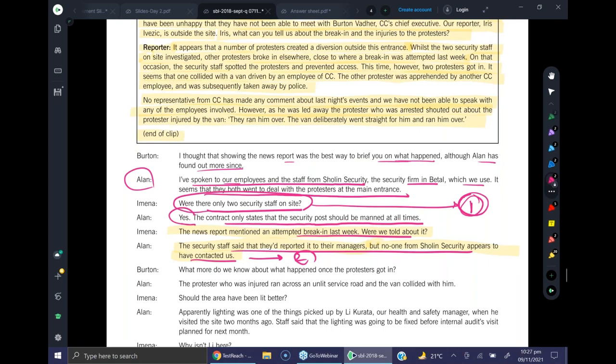Exactly. And there should be some internal communication as well, so that security guards can directly communicate to some manager at CC about what happened, and it's also the responsibility of the risk manager to keep meeting people and keep finding out what the risks of their area are, right?